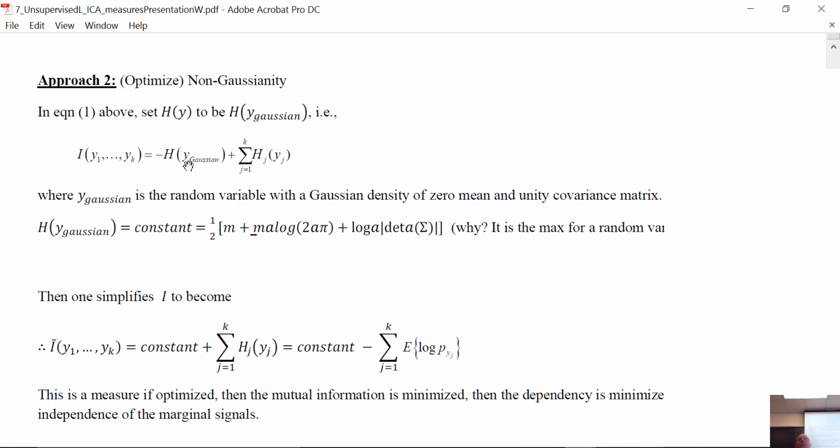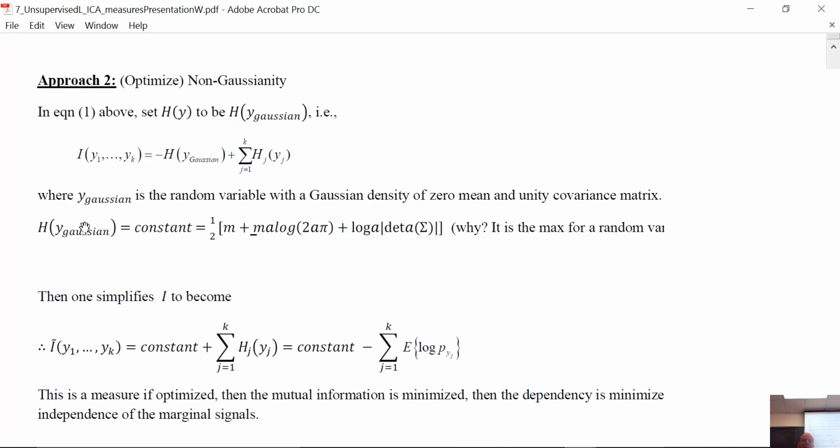And we have the marginals, and obviously you want to look at the marginals and try to find the densities associated with them. And you want to make sure that the product of the marginal densities is as far as possible from this maximum entropy.